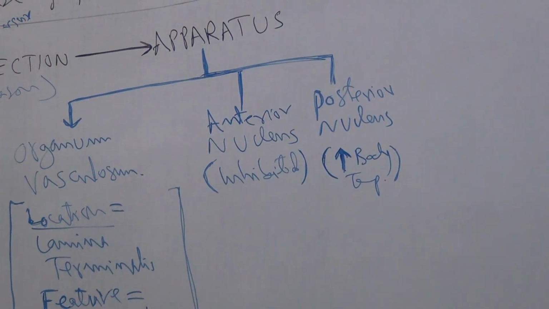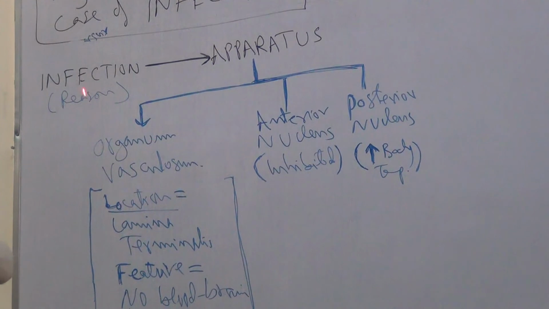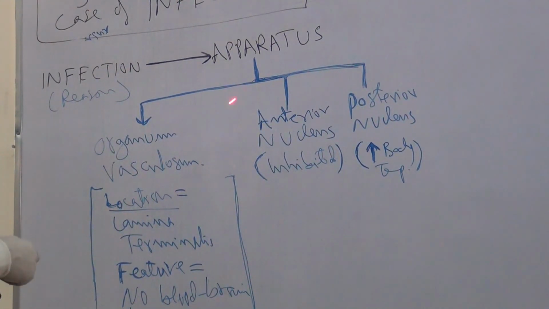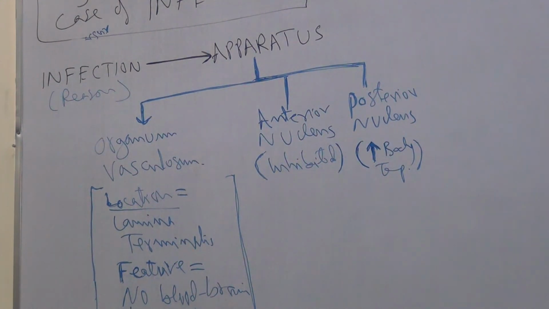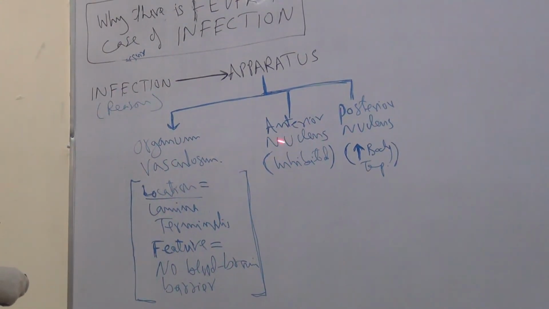These were the components of different brain tissues which are activated and some are depressed in case of fever in response to infection. So, number one, organum vasculosum; number two, anterior nucleus which is inhibited; and posterior nucleus which is activated.